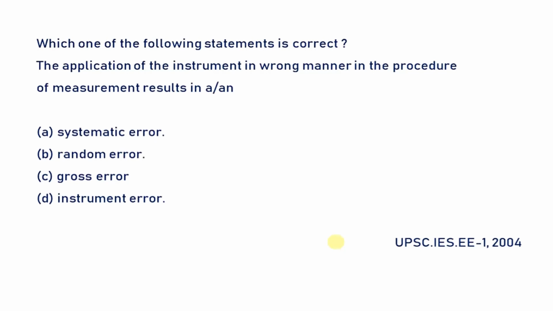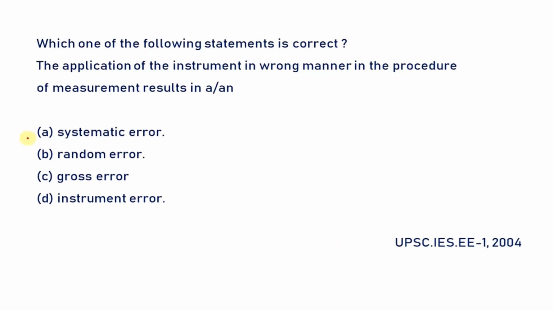You can go to that video and watch it. You will be very clear about the concept related to the errors of the measurement system. So in this case, we will solve this question by eliminating the options, since we know the definition of different types of errors related to measurement system.